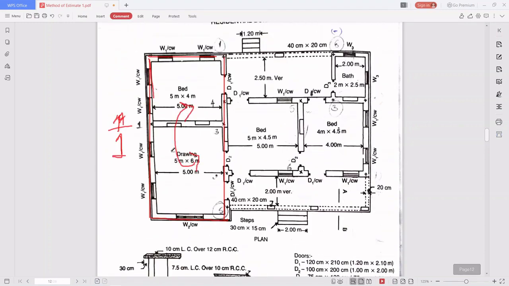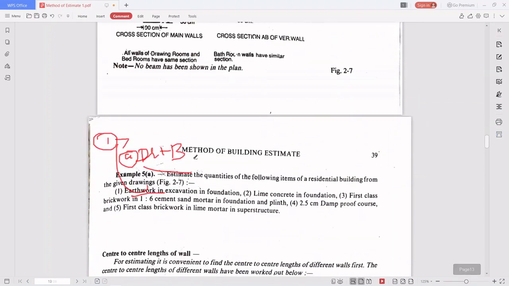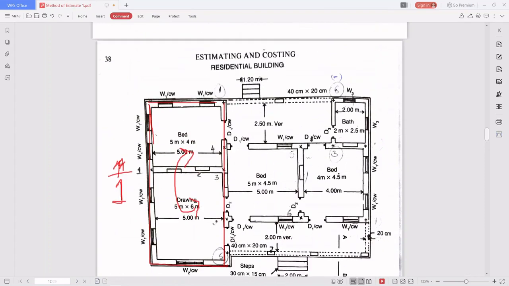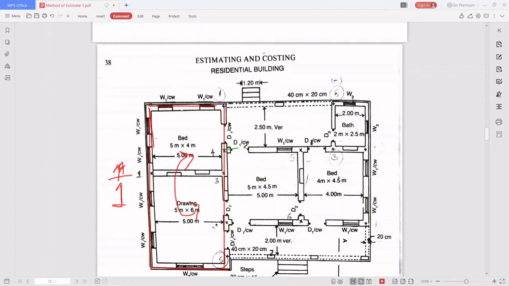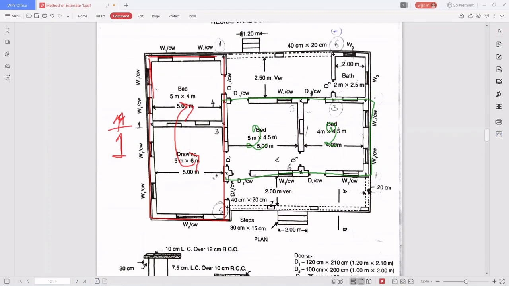Under that, I'll identify the long wall and the short wall, divide it, and proceed with the problem. Next part is these two bedrooms on the right side. This is the second one. For this quantity also, we find what is the long wall and what is the short wall.